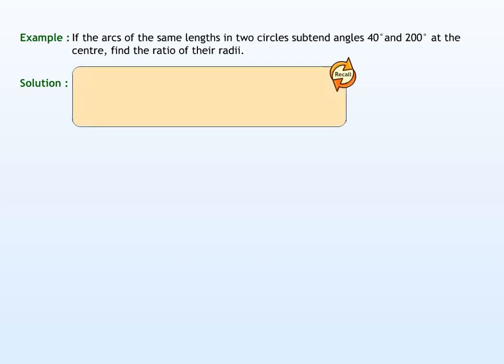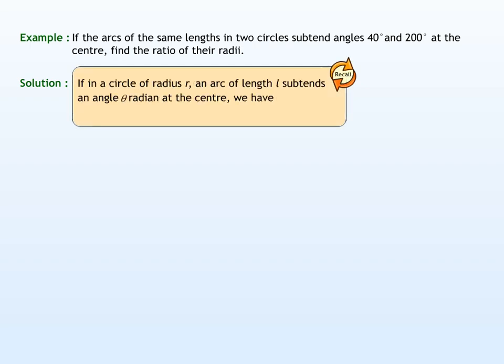If the arcs of the same lengths in two circles subtend angles 40 degrees and 200 degrees at the center, find the ratio of their radii. If in a circle of radius r, an arc of length L subtends an angle theta radian at the center, we have theta is equal to L upon r, or L is equal to r theta.